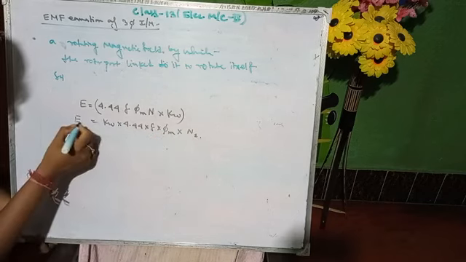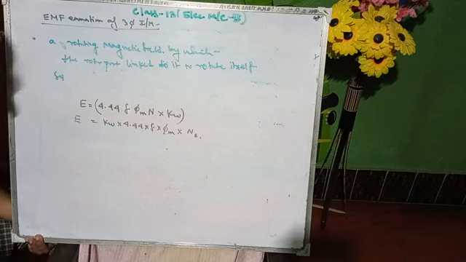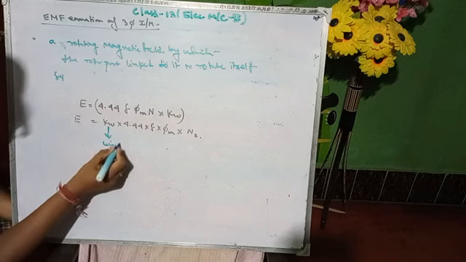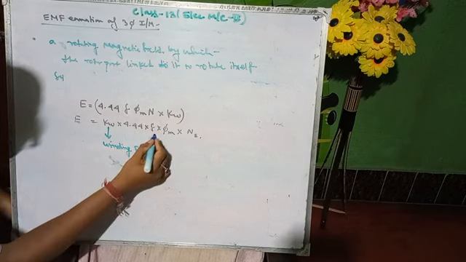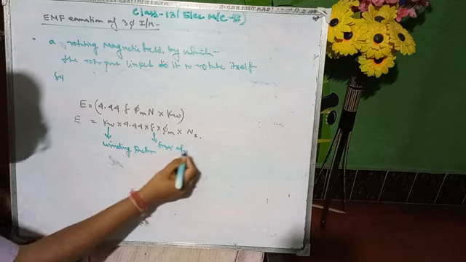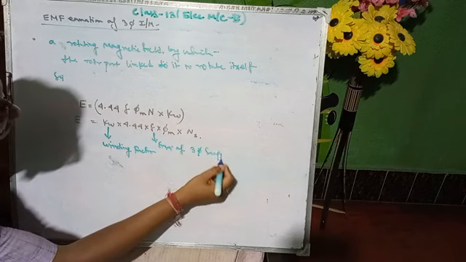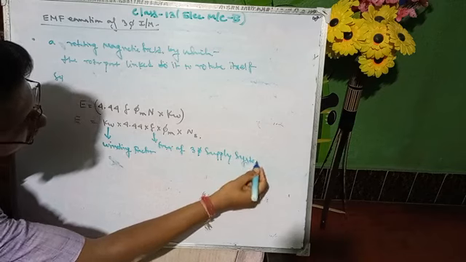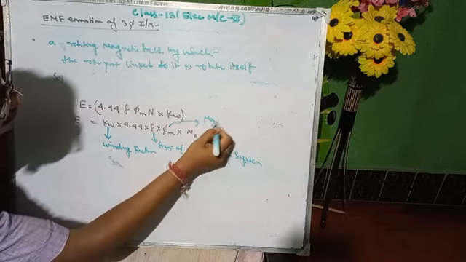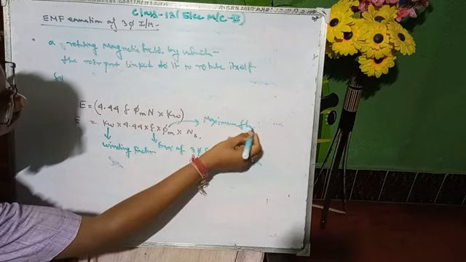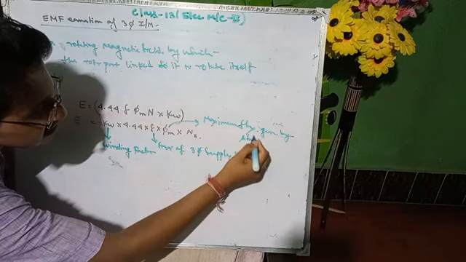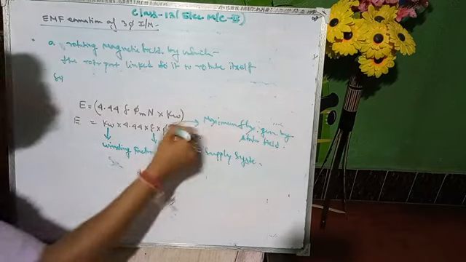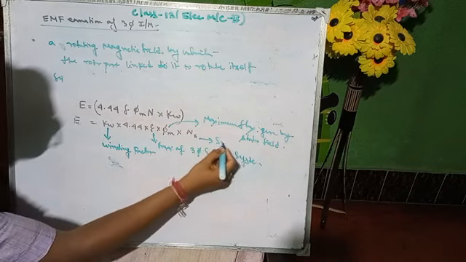Where kW equals winding factor, f equals frequency of the three-phase supply system, phi m equals maximum flux generated by the stator field, that is the peak of the flux, and ns equals synchronous speed.